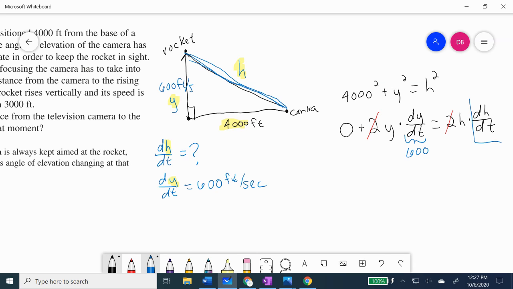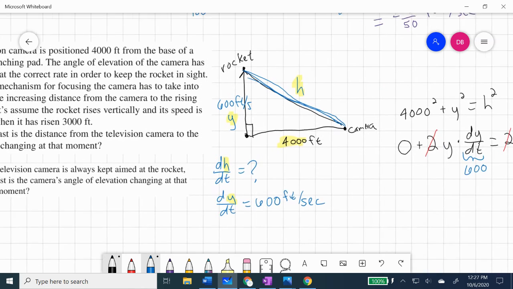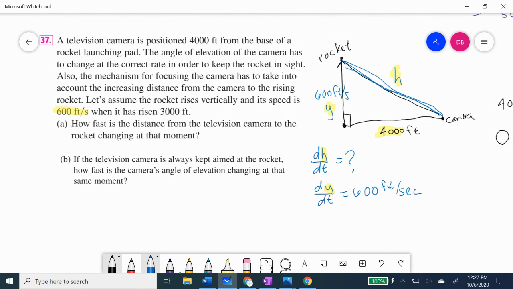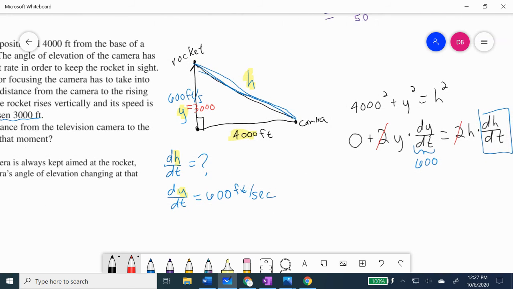We want to find dh dt, and now I need my when information. When it has risen 3,000 feet. So when this vertical y is 3,000. And that kindly gives me a 3-4-5 ratio.